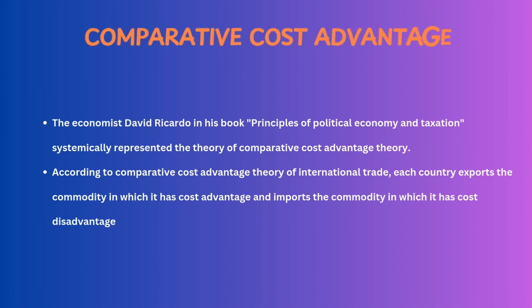Comparative cost advantage theory. Continuing with the origin, the economist David Ricardo, in his book Principles of Political Economy and Taxation, systematically presented the theory of comparative cost advantage. According to this theory of international trade, each country exports the commodity in which it has a cost advantage and imports the commodity in which it has a cost disadvantage, and this cost disadvantage is less.